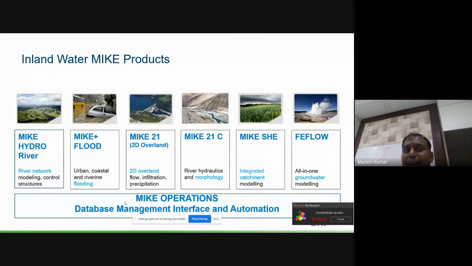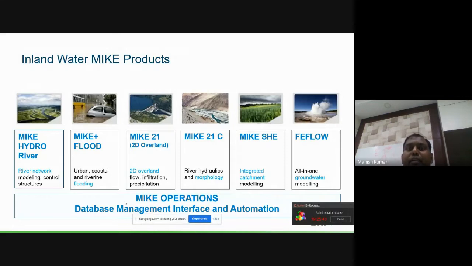We have MIKE Plus for urban or coastal flooding. We have MIKE 21 for 2D overland flow. MIKE 21C is for river hydraulics and morphology. MIKE C, like I said, is integrated catchment modeling, so surface-groundwater interaction, and FEFLOW is groundwater modeling.